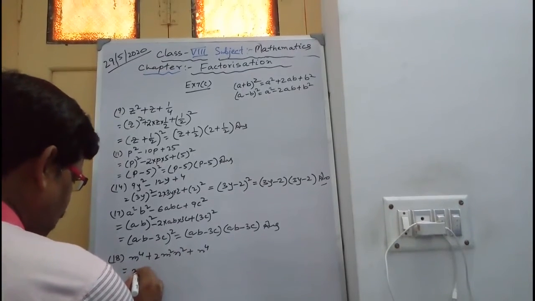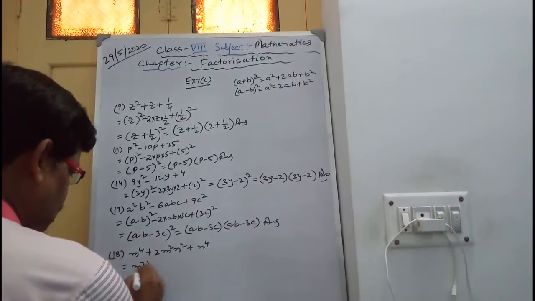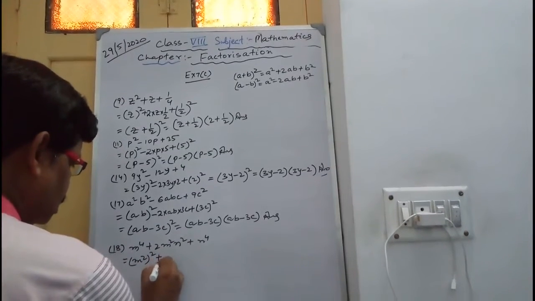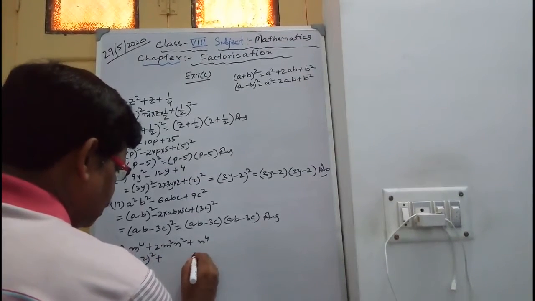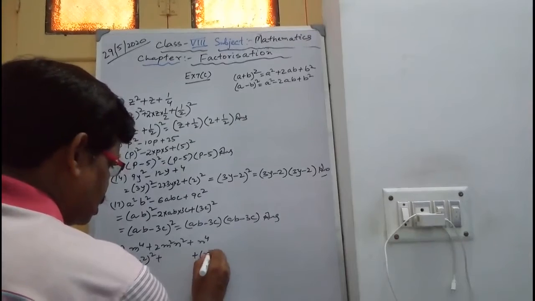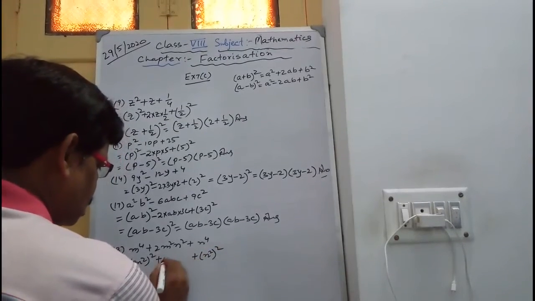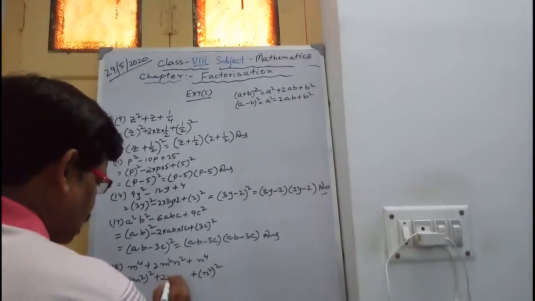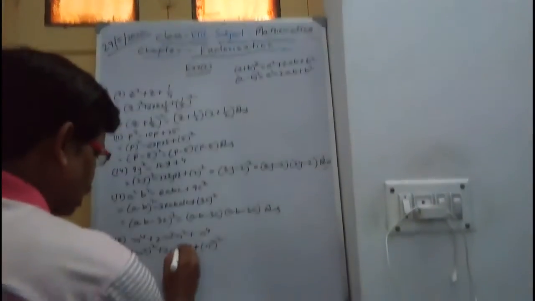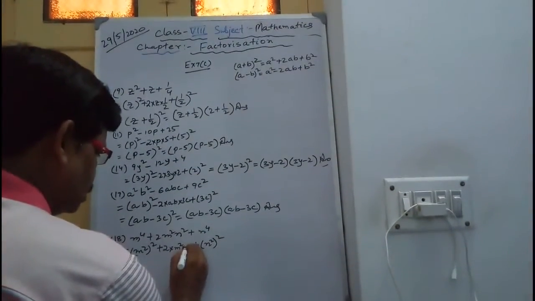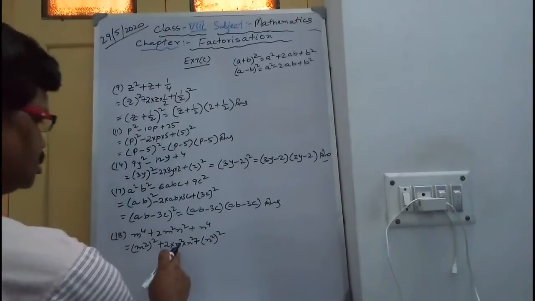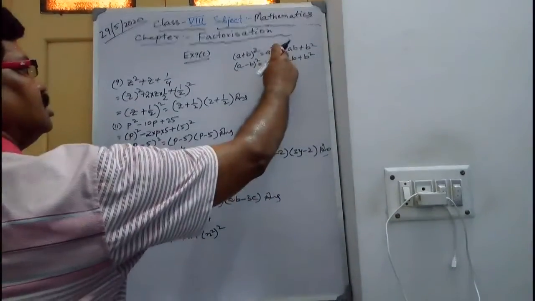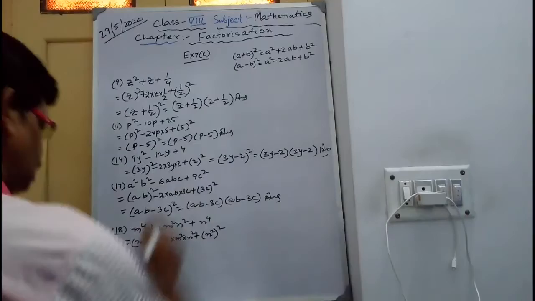So m to the power 4 is equal to this one, and n to the power 4 is (n square) whole square. So the middle one is 2 into m square into n square, matching with that one, this is identity 1.